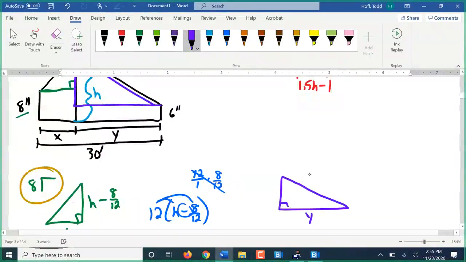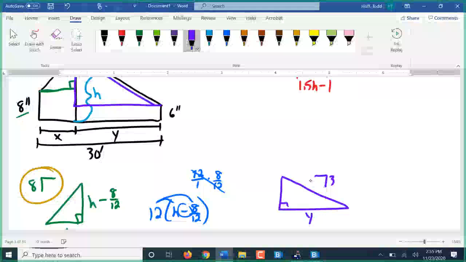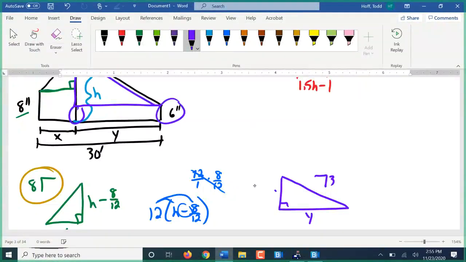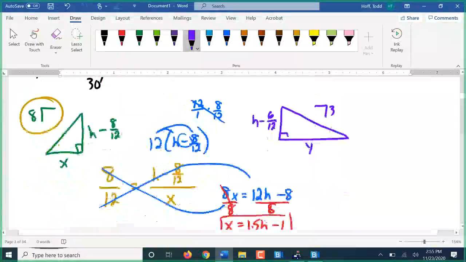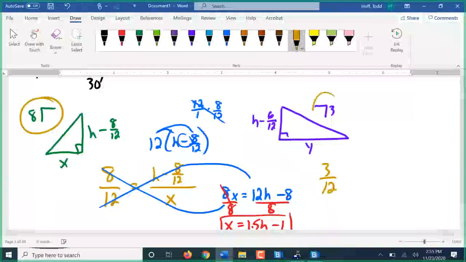Now we have to do something similar for y over here. This is y. This is a 3/12 slope. This height here is h minus 6 inches. Again, that's h minus 6/12, since that's 6 inches and the h is in feet, so it's 6/12 of a foot. So we have our 3/12 slope from this equals our rise of h minus 6/12 over our run of y.